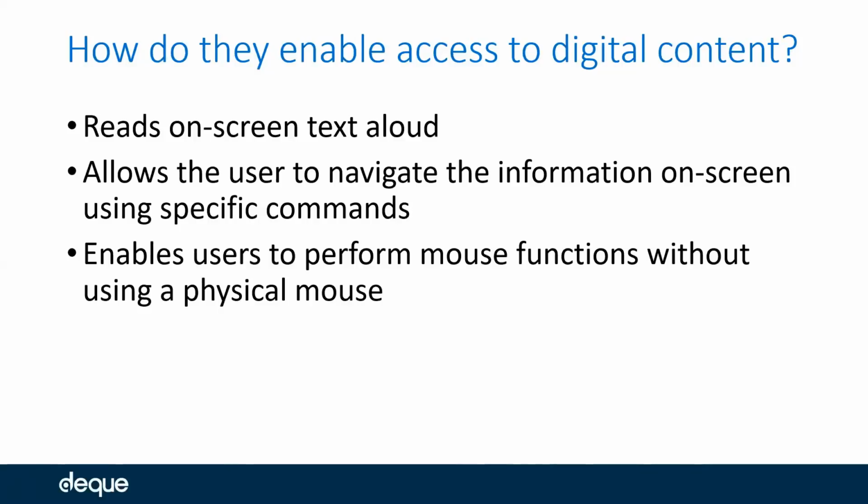We can perform mouse functions without using a physical mouse. So there are situations where you have to click or you have to hover to make something happen. And how do you do that if you cannot position your mouse properly? This will allow you to simulate those mouse functions and carry out those tasks.